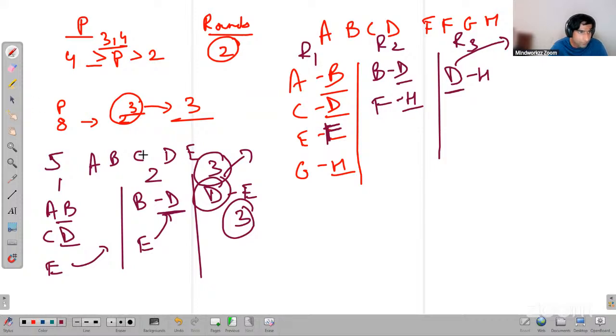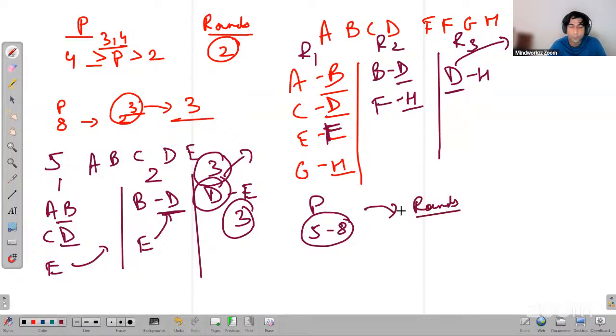So essentially, if your number of players is between two powers of 2, for example between 5 and 8 players, your number of rounds is always going to be the higher power.